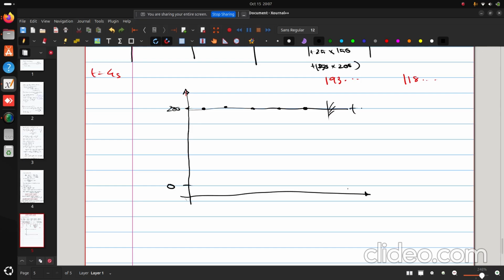This is at time t equal to 0. At t equal to 2 seconds, these will all be the same, but this will go down to 150. And then again for t equal to 4 seconds.